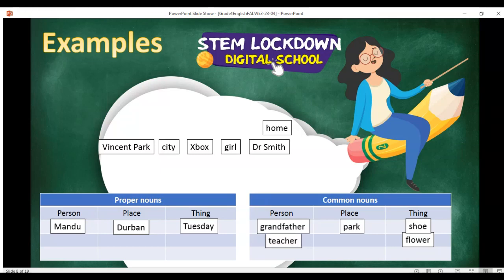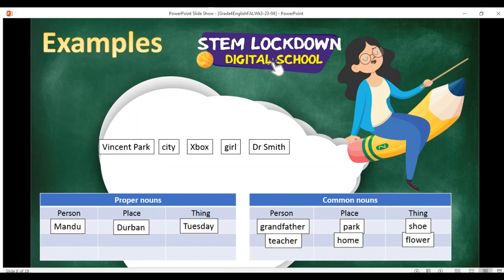Then I've got home. So home is definitely a common noun because I have a home, you have a home. So home is a place because it's a place where we live.